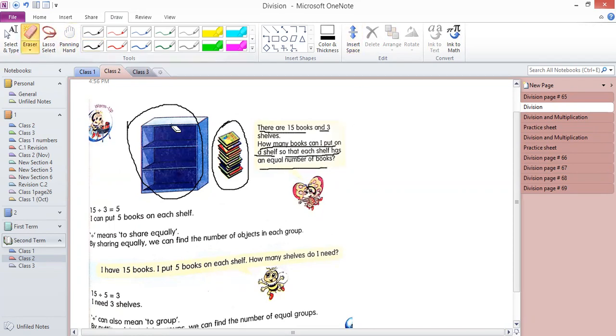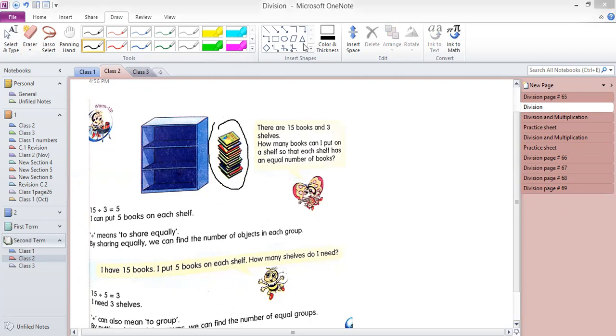So guys, first I will start writing the division sentence. You know that to write the division sentence, first you have to write the total number of objects. Here you have books, so the total number of books is dash. Can you tell me, guys, how many total books are there? 15. Yes. Absolutely right, guys. There are 15 books.